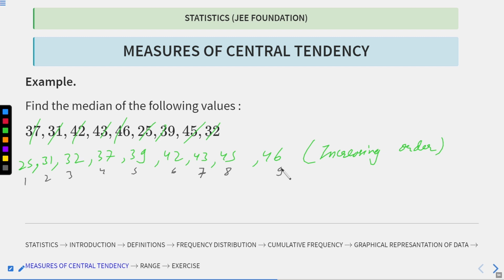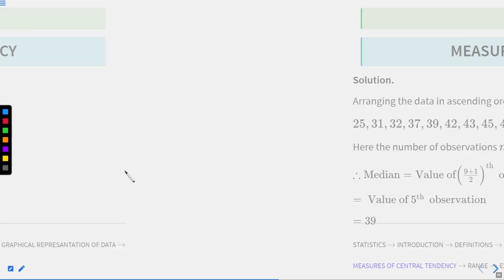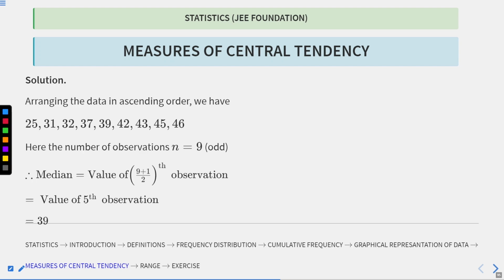So the total is 9 and it is odd, so just add 1 to it and divide by 2. This will be 5. So the fifth term will be my median: 1, 2, 3, 4, and 5. So 39 will be my median. I hope this is clear to you.